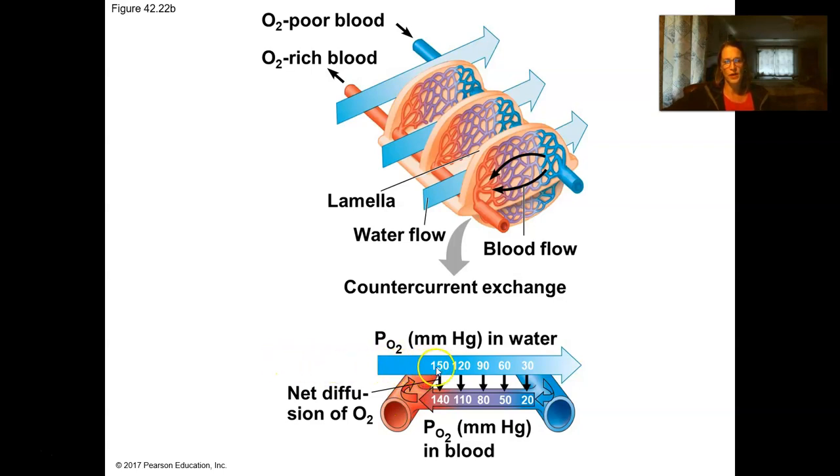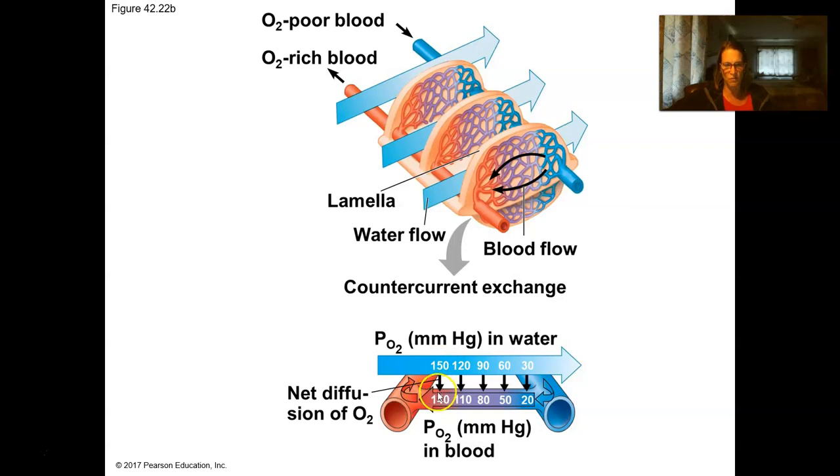If you have fresh water flowing this way, and blood flowing this way, what you have is a constant differential in terms of the amount of oxygen. There's always more oxygen in the water than there is in the blood. So even though this blood is at the end of the capillary and it's about to flow back to the rest of the body and give oxygenated blood all over the place, it's lining up next to water that has a bunch of oxygen.